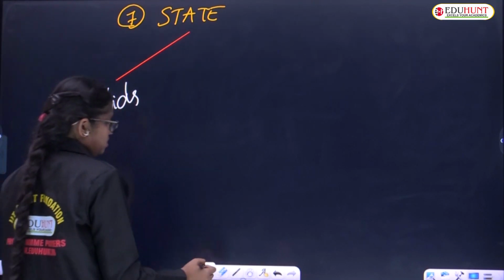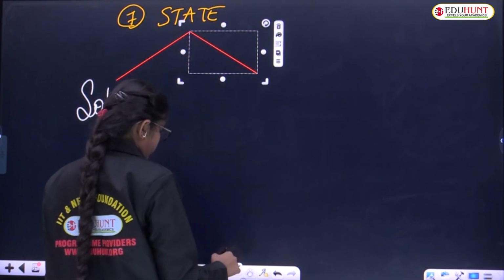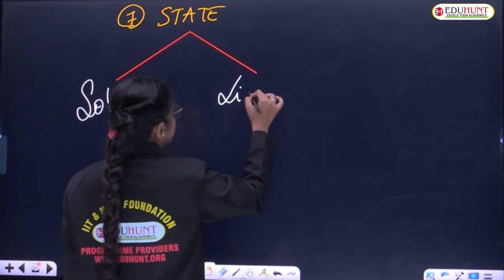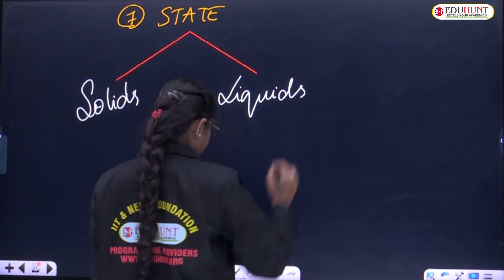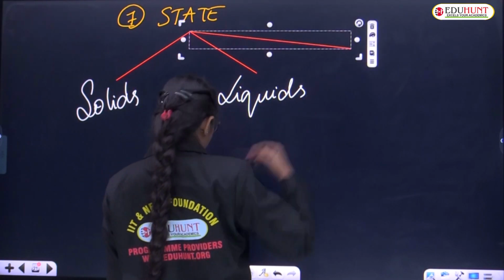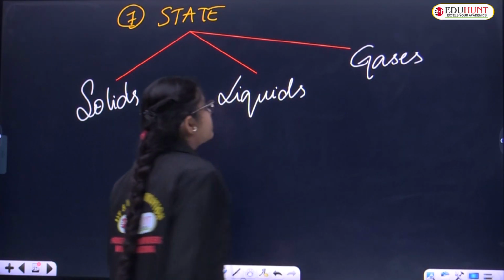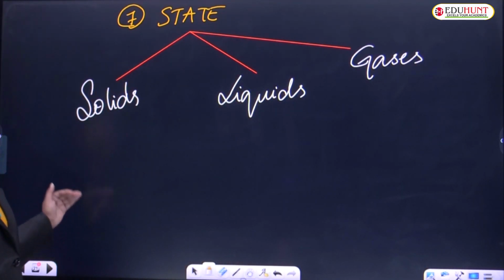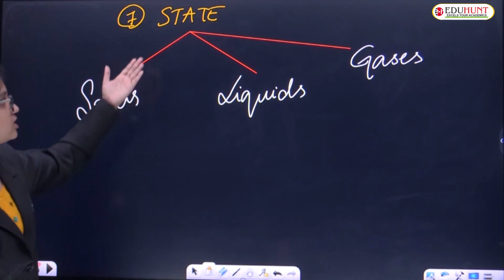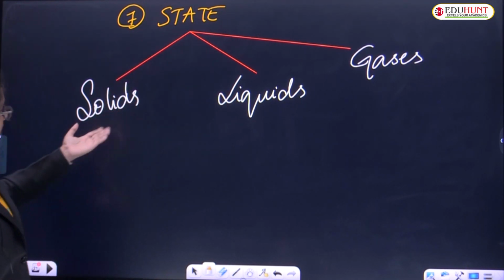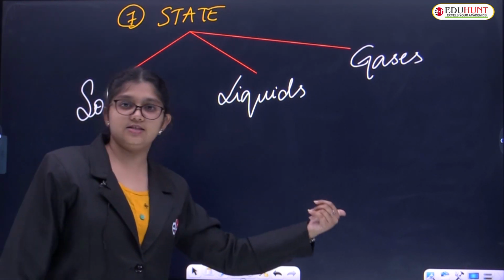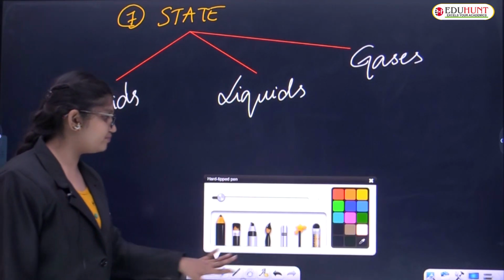One more: liquids. Any other, children? Very good, gases. So in this seventh classification of acids based upon state, we consider solids, liquids and gases, and a few examples are also included.